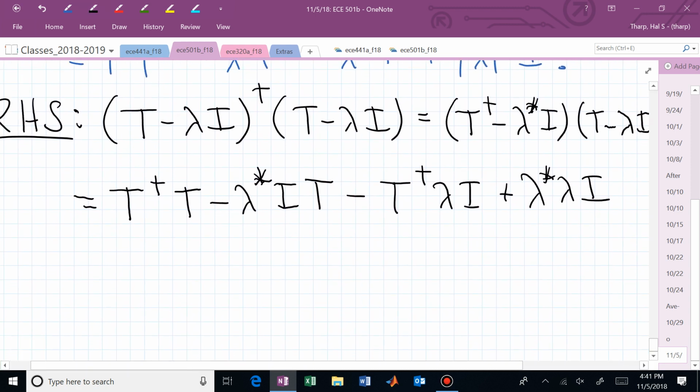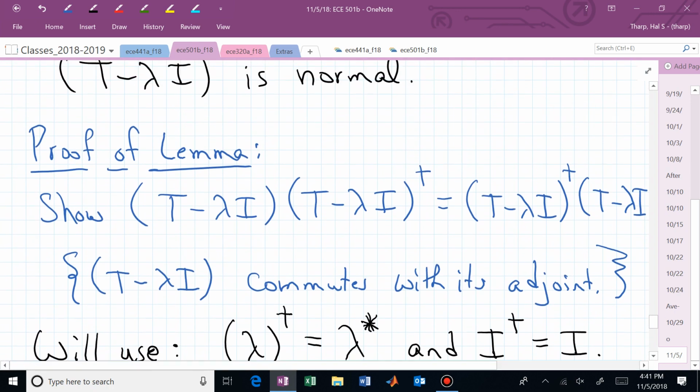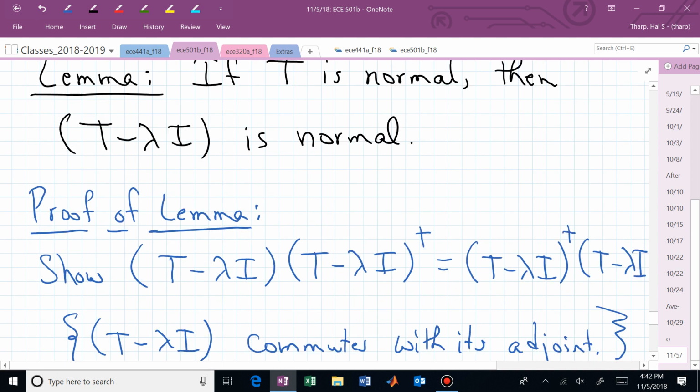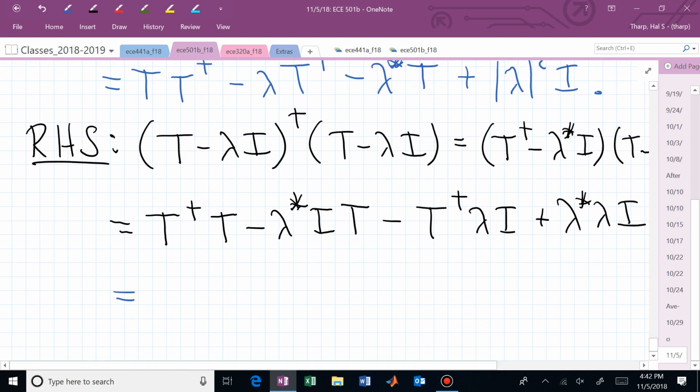And what do I know about t? What was my assumption in this lemma? If t is normal, then t minus lambda I is also normal. So if I need to, I can use the fact that t is normal. And I'm going to use that now to change t dagger t into something that looks like the blue up above. Since it's normal, it commutes.